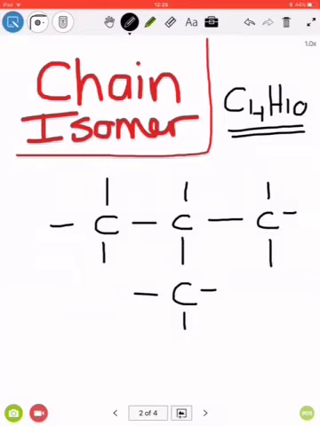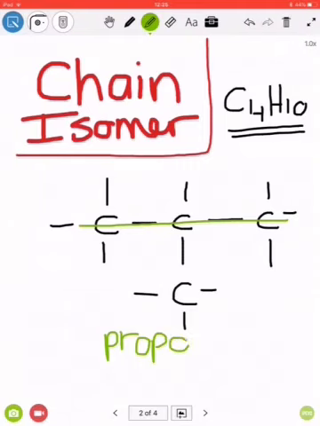But if you now go and name this molecule, remember we always look for the longest chain first. So if you look here, that would be my longest chain. You could have gone in the other direction like this as well, but we're just using the straight one for now. So that would be 3 carbons, which would be propane, because there's only single bonds.